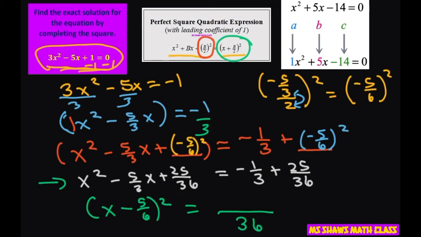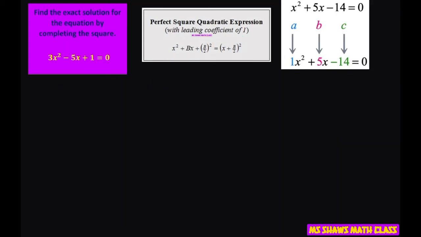That requires us to multiply this by 12, so I have to multiply the numerator by 12. So this is going to be negative 12 plus 25, which ends up being 13 divided by 36. We have x minus 5/6 squared equals 13 divided by 36.